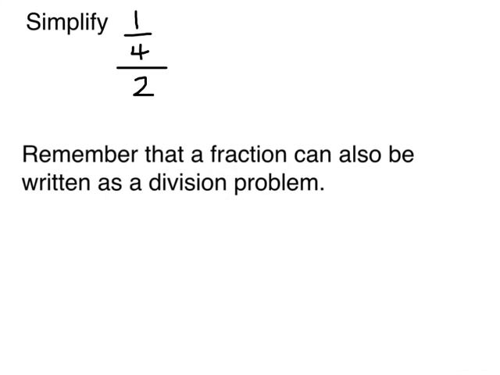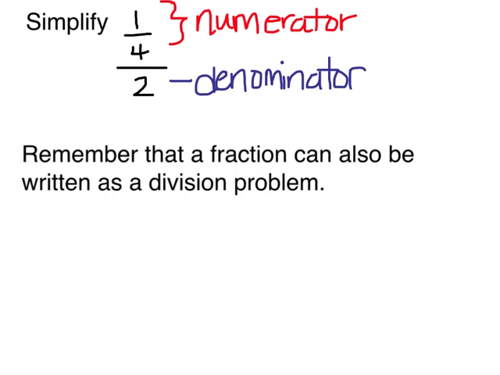Let's simplify this complex fraction, 1/4 over 2. In this complex fraction, 1/4 is my numerator and 2 is my denominator. Remember that a fraction can also be written as a division problem. So let's rewrite 1/4 over 2 as 1/4 divided by 2.